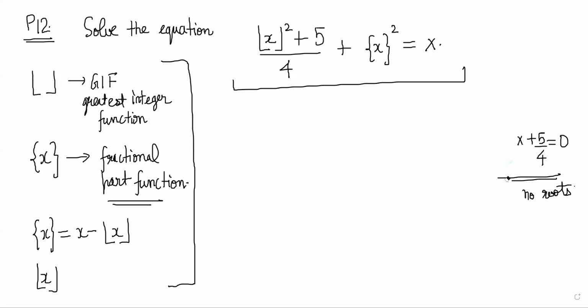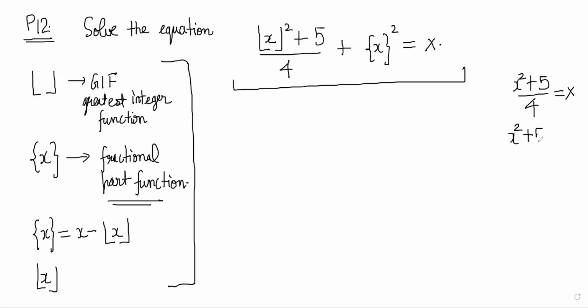But if we take x to be an integer, then GIF will become x, right? Yes sir, and the fractional part will become 0. So you'll get something like this. Here also we can't get any integer solution for x, so this case is also rejected. You will get x minus 2 whole square plus 1 is equal to 0, right?